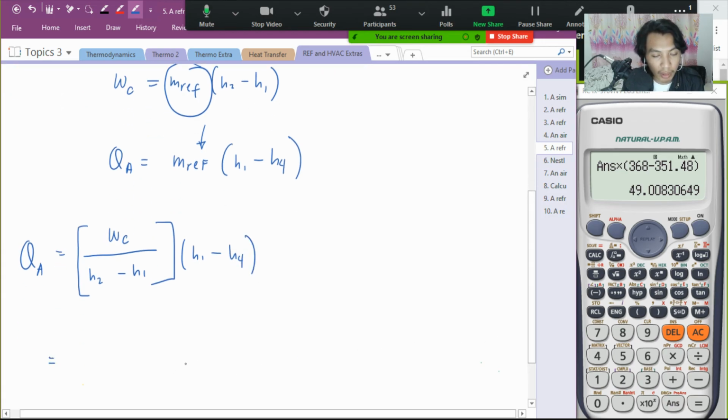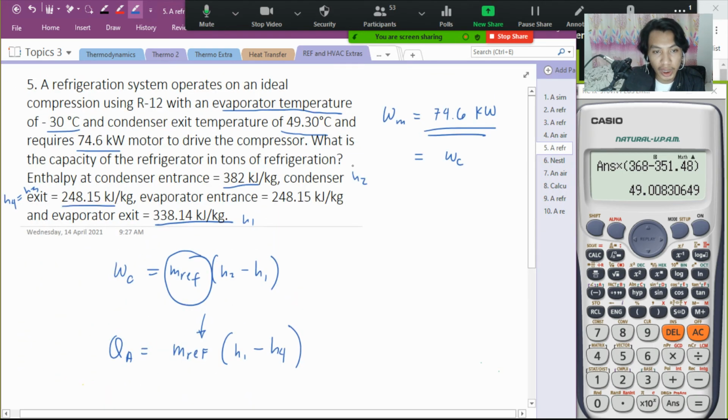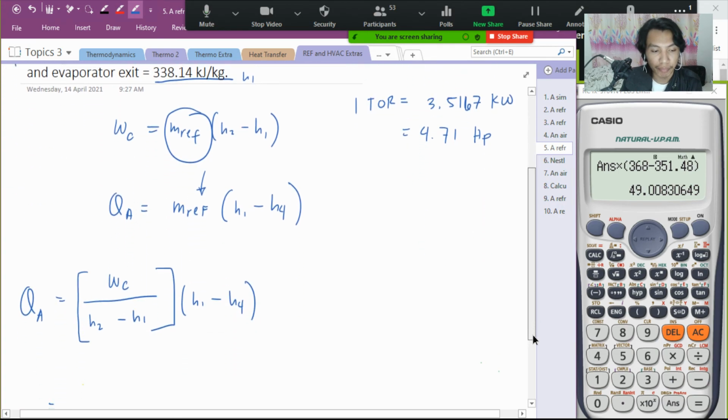So for the work of the compressor, what we have to do is convert it into tons of refrigeration. Right? 1 ton is equal to 3.5167 kilowatts, equal to 4.71 HP, if I'm not mistaken. That's all it is.